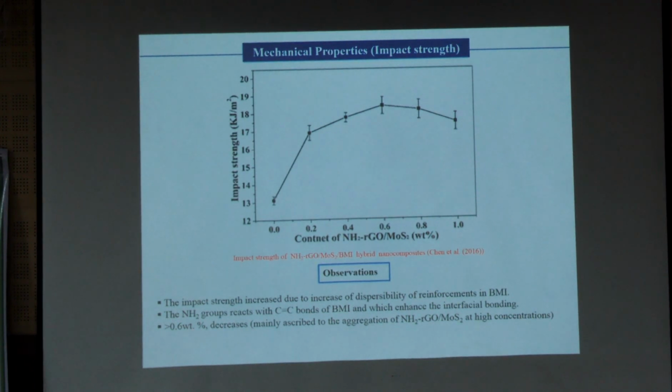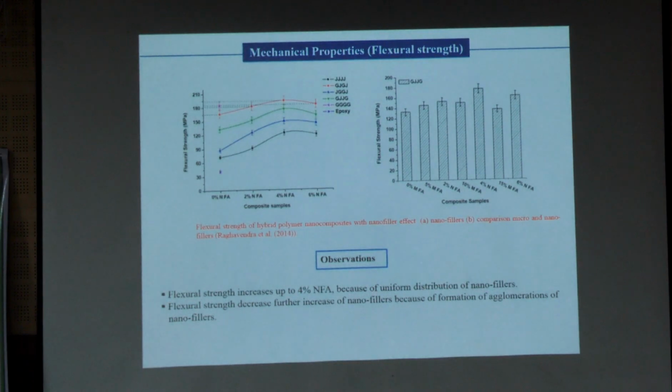So we have to find out the weight percentage where it is. And this is the flexural strength of another composite. Here also, same: if you are taking different layers of composite with nanofillers and comparing the micro and nanocomposites, we are getting different types of flexural strength.